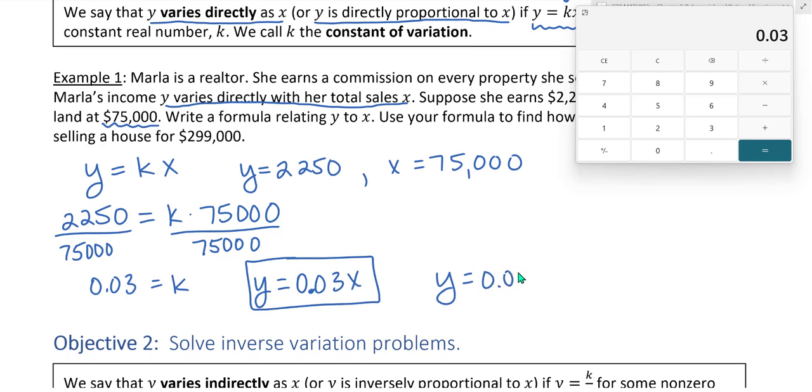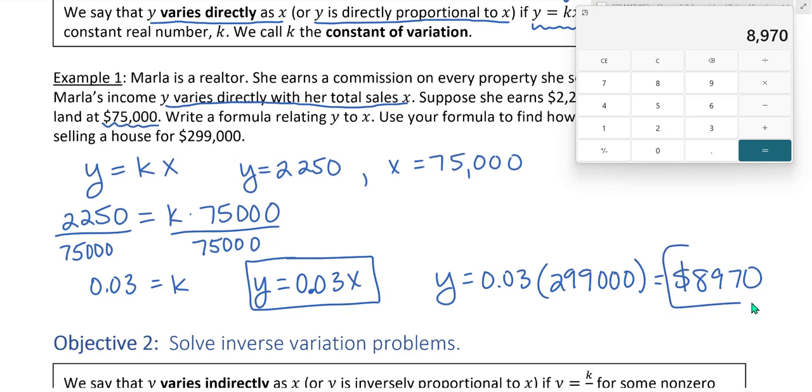So y equals 0.03 times 299,000. I've already got 0.03 in my calculator, so times 299,000. Okay, 8,970. So there we go.